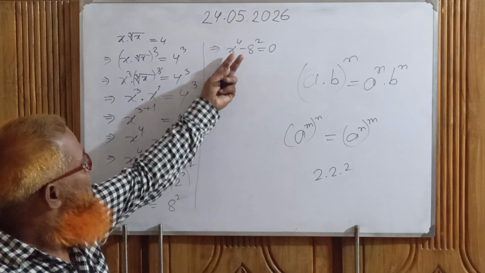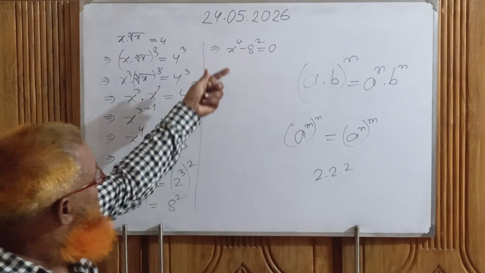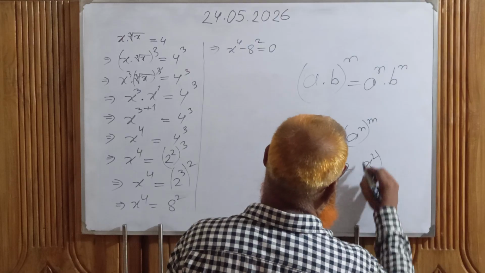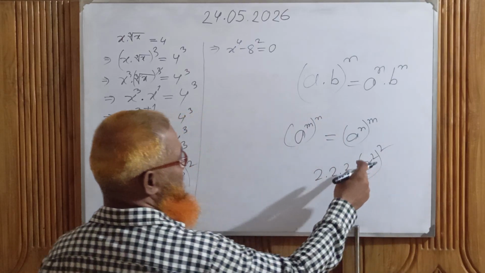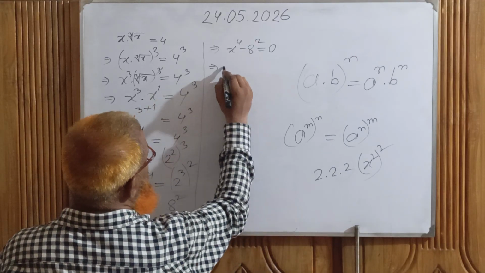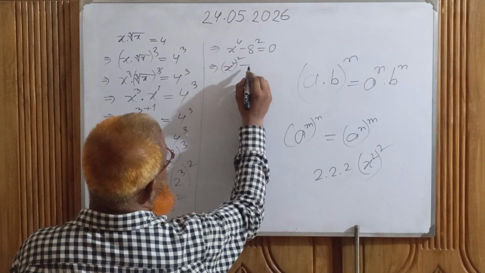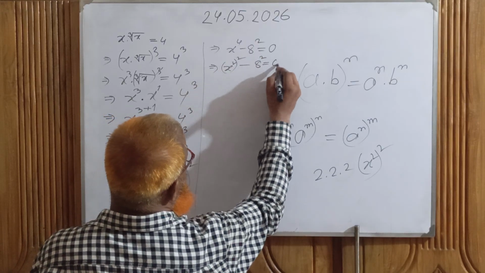And this is x power of 4, so we write x square by square, that is 4. So x square squared minus 8 square equals 0.